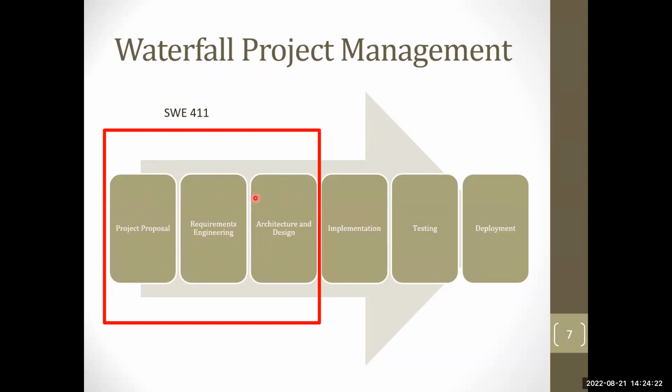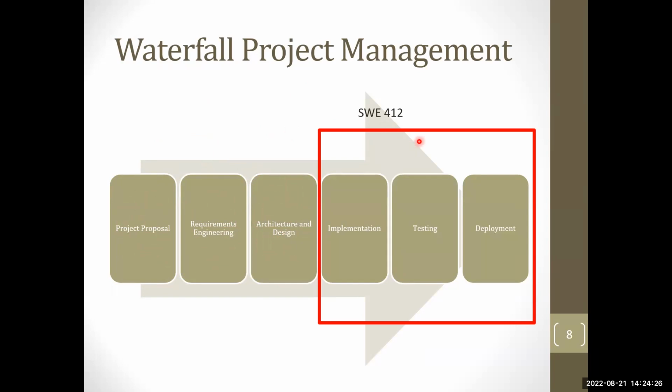It's all focused in the first half of the senior design project. Moving on to the second half, or the second course, they focus on implementation, testing, and deployment. Now, this is one approach which is used by some of us in the software engineering program.